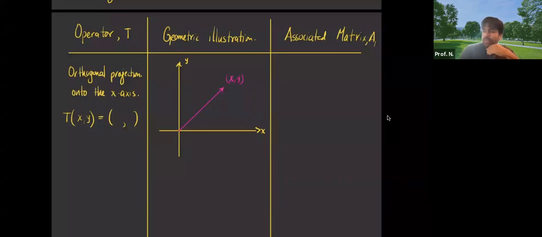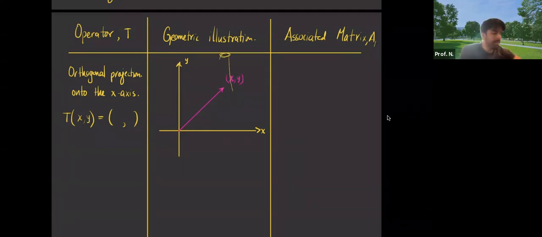So this is most of the time talked about in multivariable calculus when you have to project vectors. Find the orthogonal projection of a vector. So think about having an object that sticks out in this diagonal, right? And there's a light source right above this, and it just beams down directly above it.